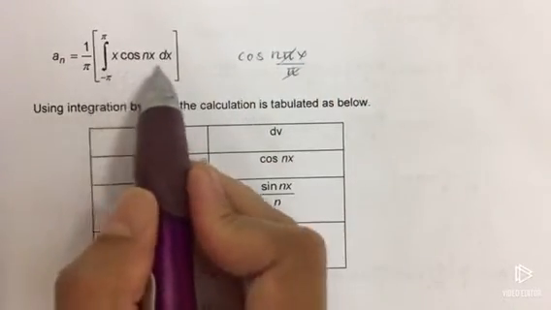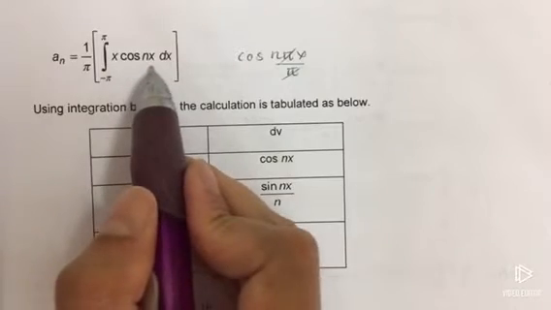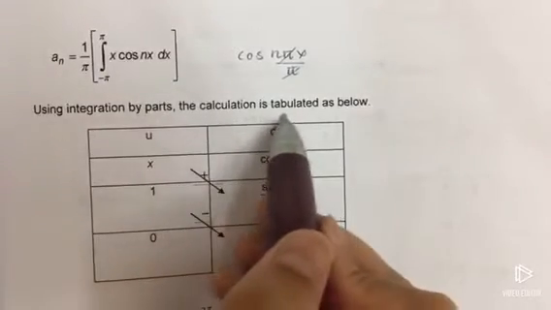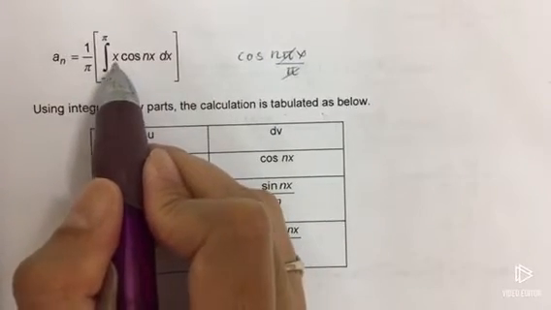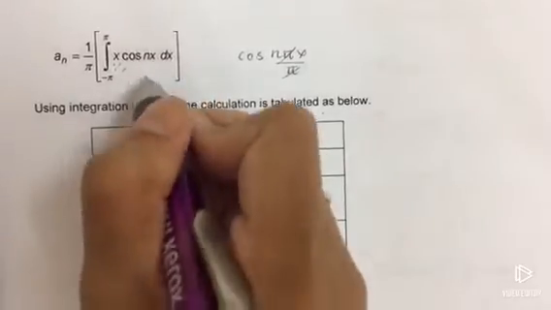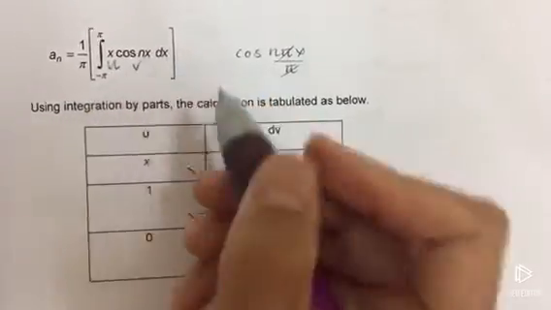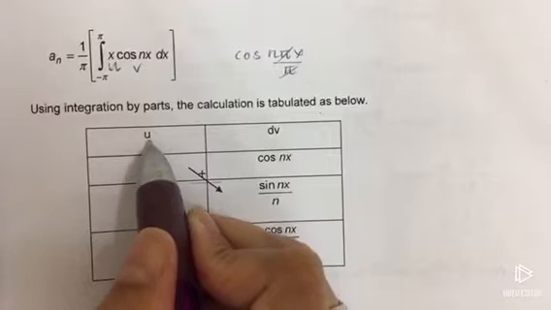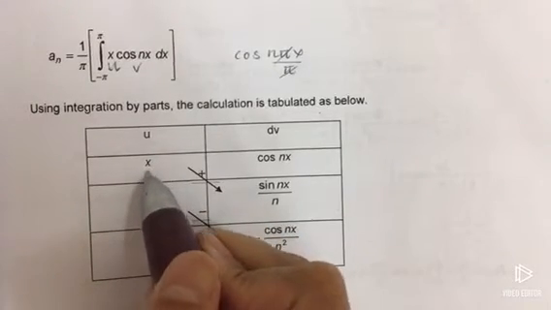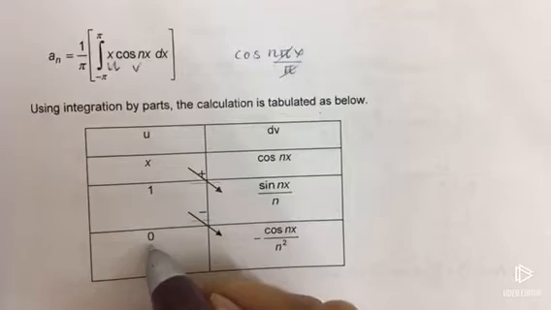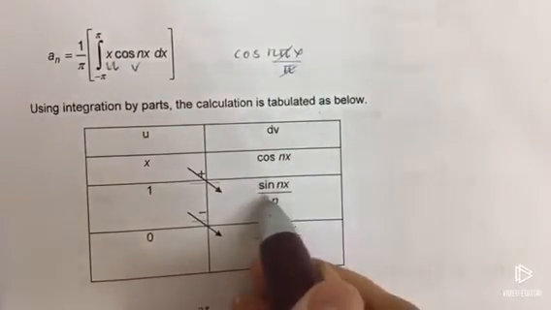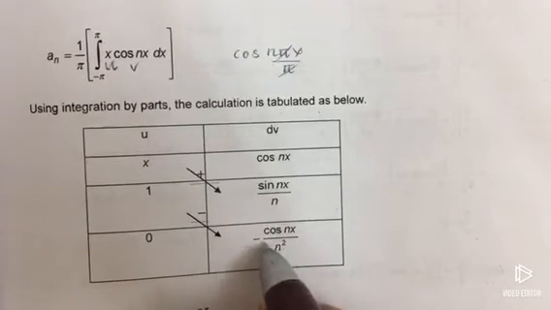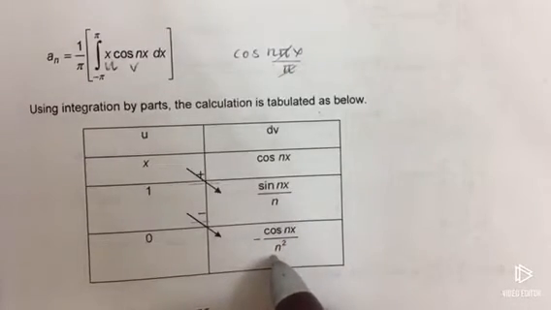Now we use tabular integration instead of integration by parts. We let u equal to x, v equal to cos nx. Differentiate x equal to 1, differentiate 1 equal to 0. Integrate cos nx equal to sin nx over n. Integrate sin nx over n equal to negative cos nx over n squared.